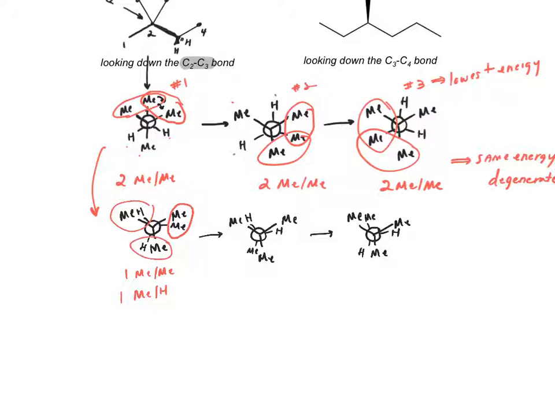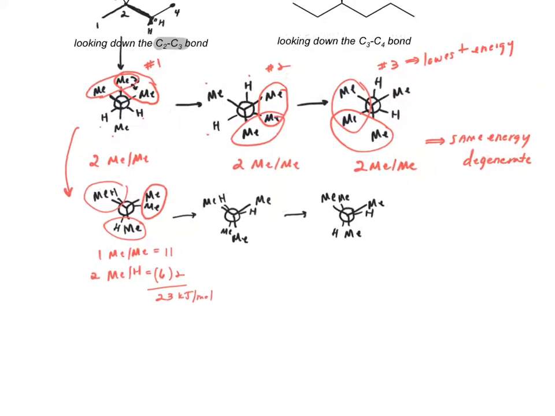So overall, that is 2 methyl hydrogens. We could predict the actual energy state by knowing some of these energies. A methyl hydrogen is about 6 kilojoules, and a methyl-methyl is about 11. So this is 12 plus 11, which gives us 23 kilojoules per mole.